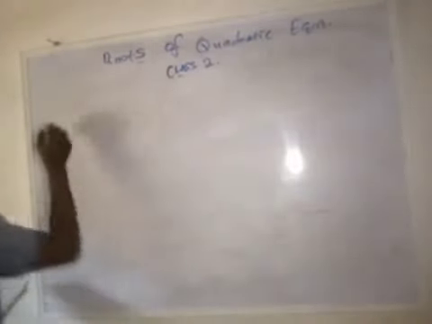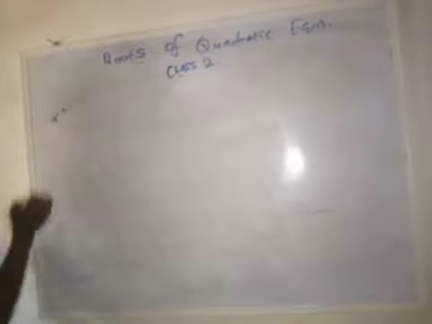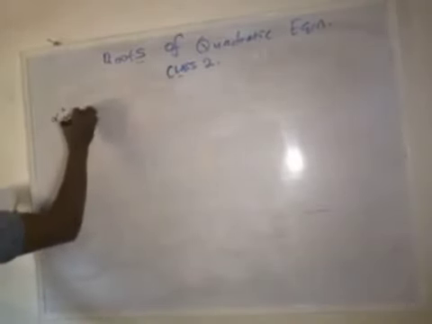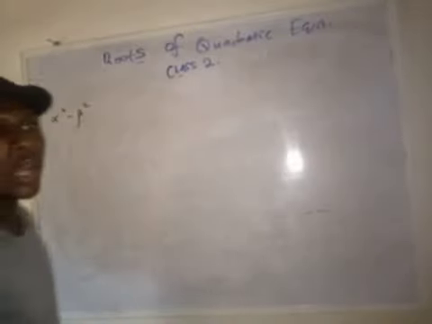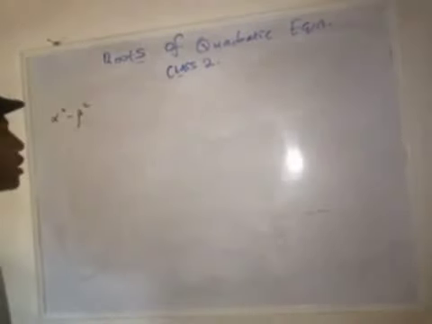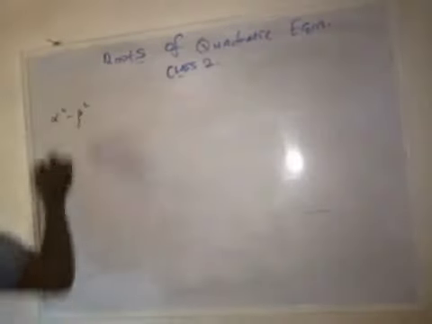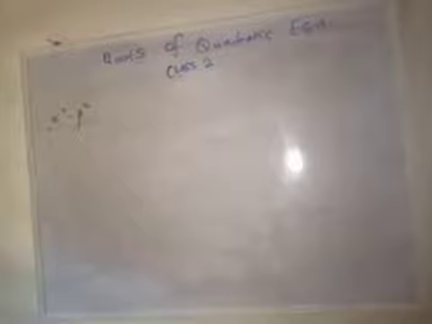So let's say we have alpha squared minus beta squared. Now, in our rules of algebra, we know that this is a difference of two squares.